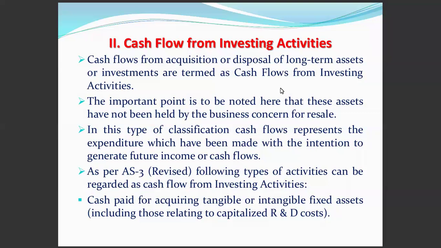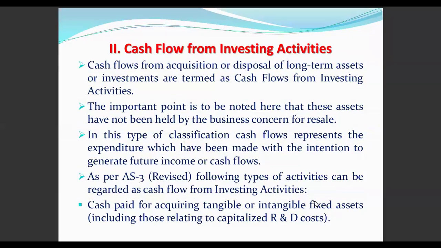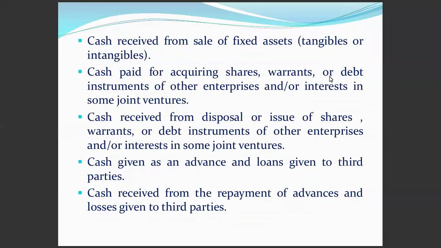As per Accounting Standard 3, the following types of activities are considered as investment. One, cash paid for acquiring intangible or tangible assets. So it includes research and development, patents, copyrights, and so on. It includes cash received from sale of fixed assets, cash paid for shares, warrants, debts, or any other investment instruments in other organizations.